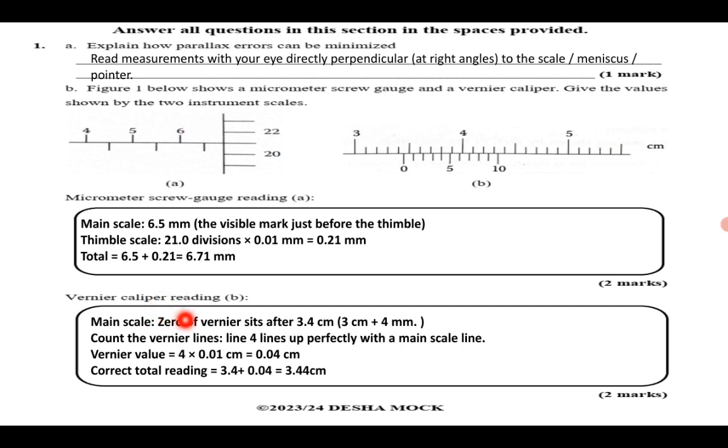The main scale is taken from the 0 of the vernier, to the left hand side. We're saying the 0 of the vernier sits after 3.4. So this is 3.4, this point. That's 3 centimeters and 4 millimeters, which is 0.4.